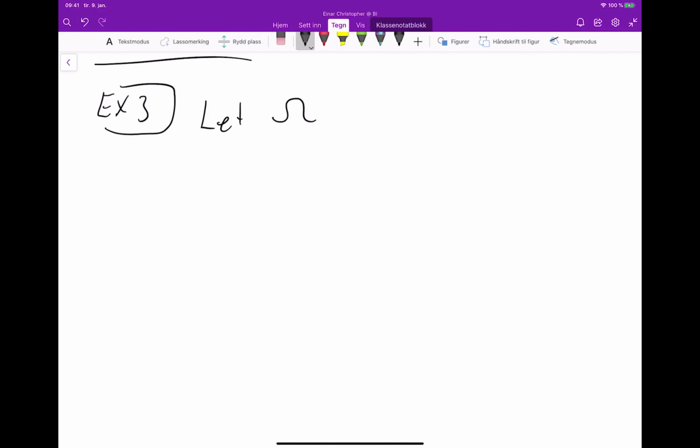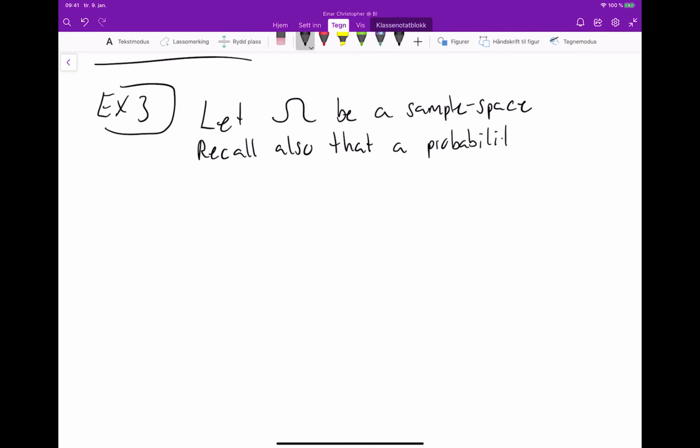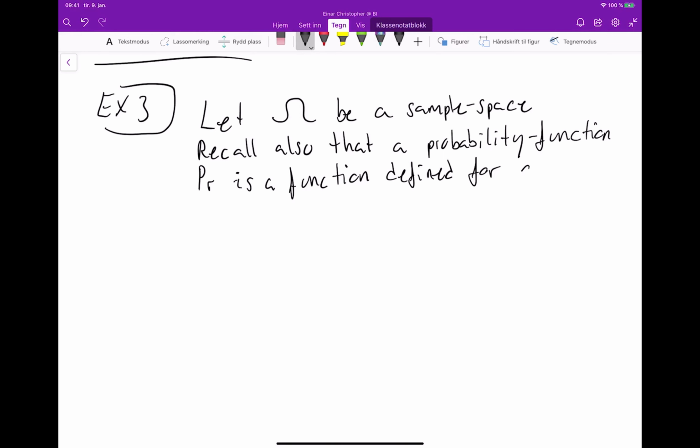Let omega be a sample space. Recall also that a probability function PR is a function defined for all events on omega that obeys the following axioms.